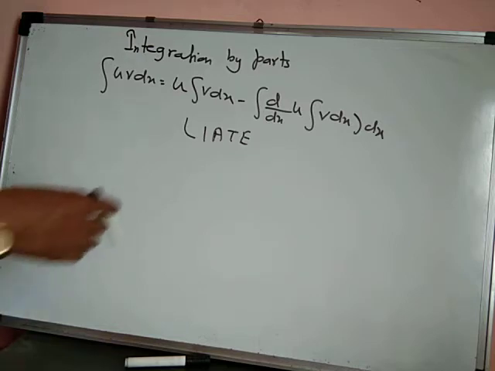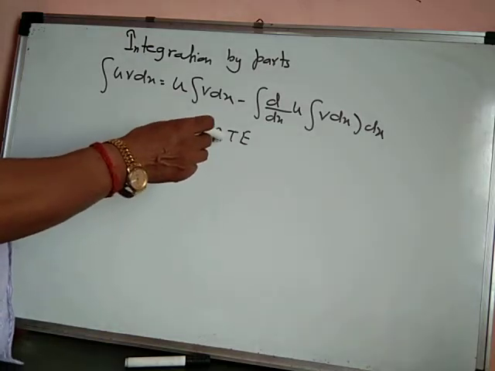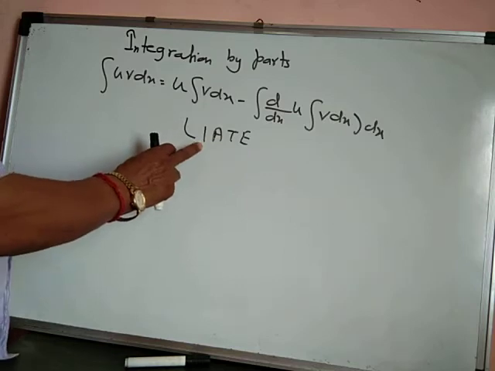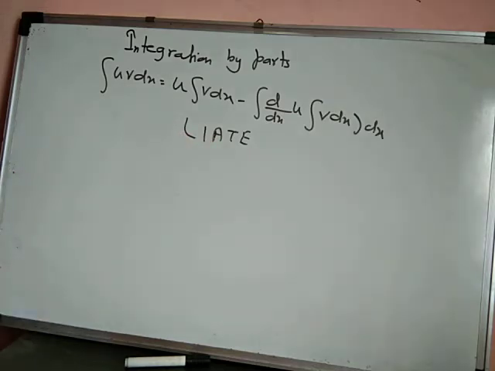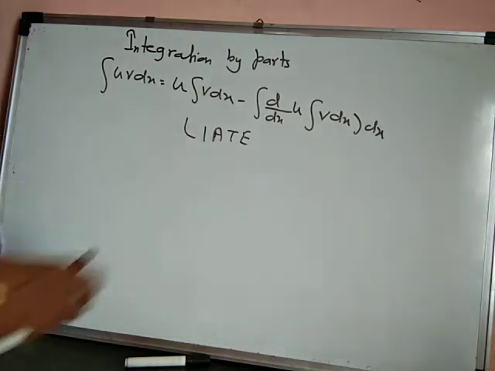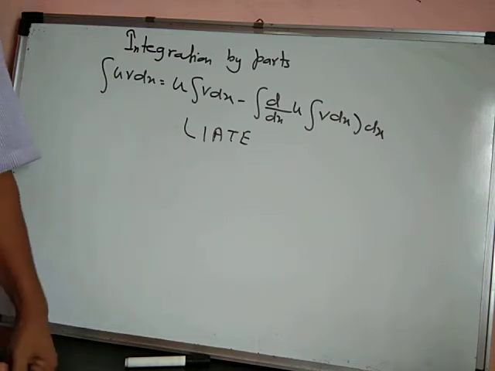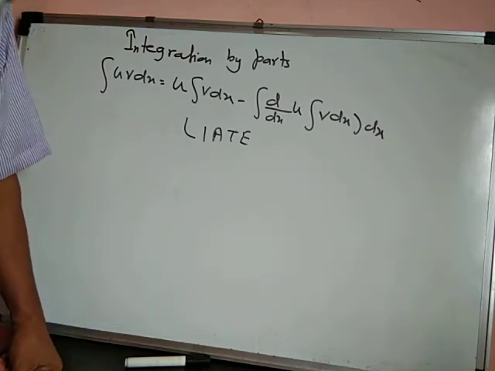Suppose you are given inverse and algebraic function. So I comes on the left, A comes on the right. So inverse function will be u and algebraic function will be v. Remember, logarithmic function will always be u.